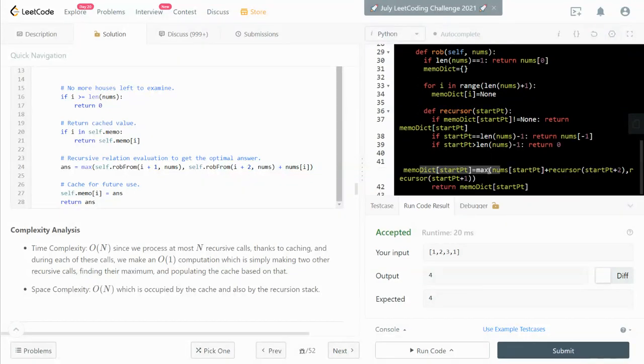So this maximum takes big O of 1, and populating the cache based on that. And when we look up from the dictionary, that takes big O of 1 as well, because it's a hash map. So essentially the time complexity is entirely from the recursive function. And for space, the space complexity comes from the recursion stack and also from the memo dictionary. So it's big O of n.